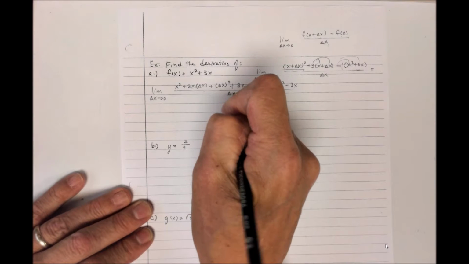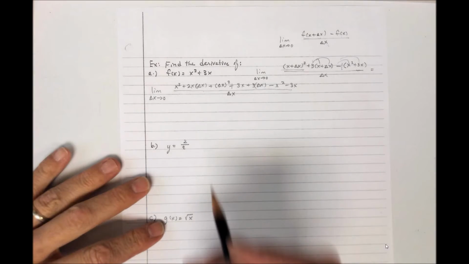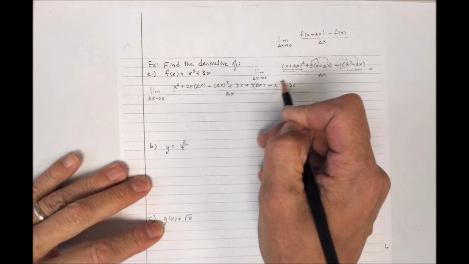Now, especially on these little polynomial guys, when you get to this point and you start to simplify, everything should cancel in the numerator that doesn't have a factor of delta x. Because otherwise, you're not going to be able to cancel that delta x in the denominator. So as you can see, I have an x squared here, I have a minus x squared.